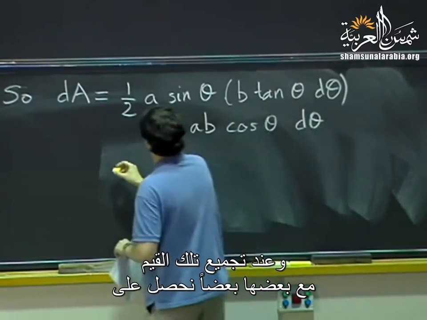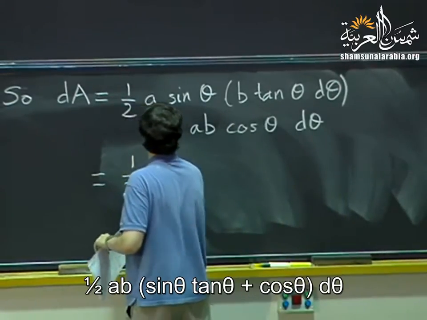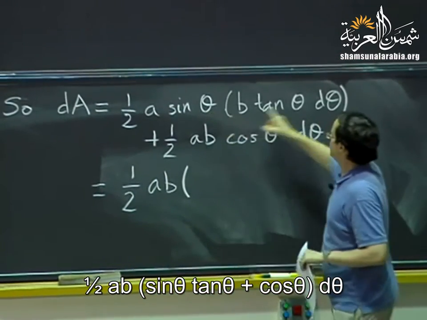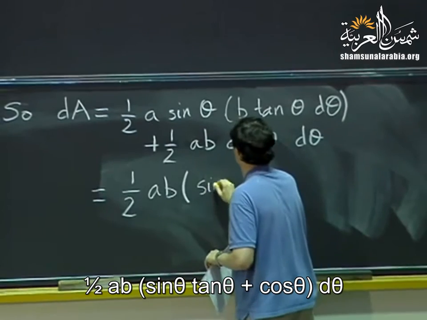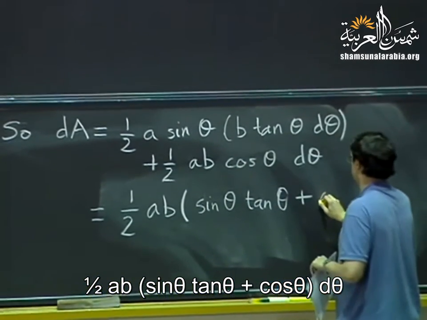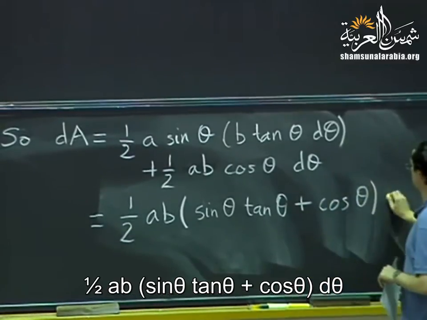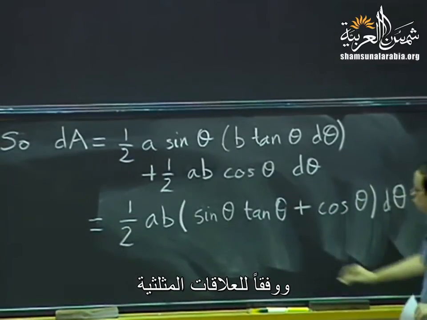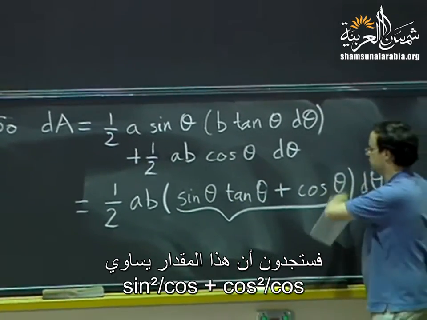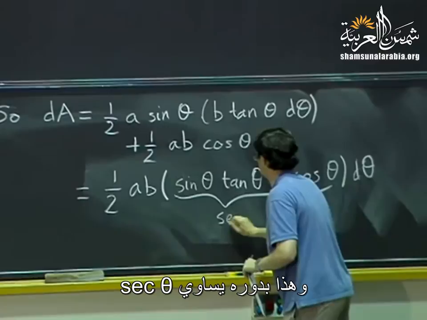And if we collect these things together, we get 1/2 of ab times sine theta times tangent theta plus cosine theta, d theta. And if you know your trig, you will see that this is sine square over cosine plus cosine square over cosine. That's the same as secant theta.